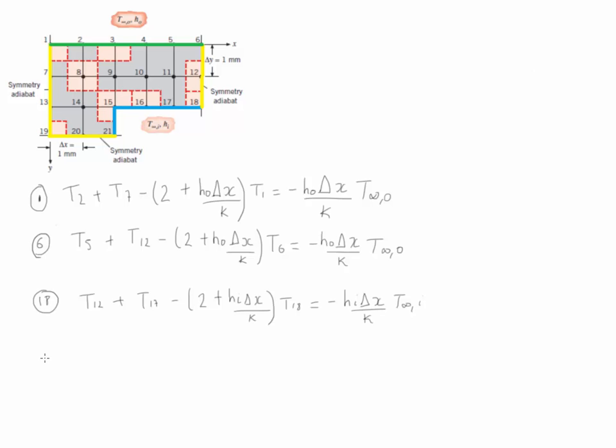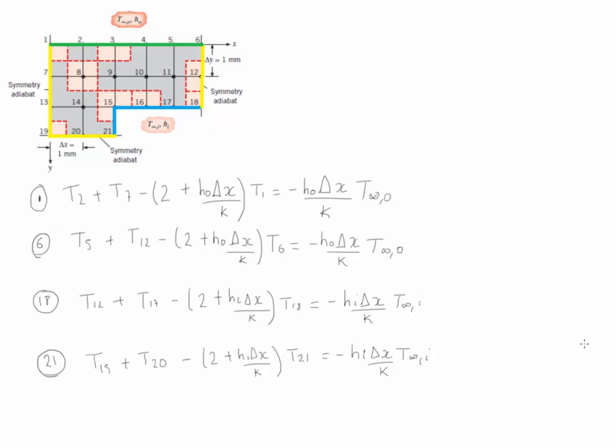We do the same process for node 21, and we find the nodes that are surrounding it are 15 and 20. So we write T15 plus T20 minus 2 plus Hi delta x over k T21 is equal to minus Hi delta x over k T infinity i.